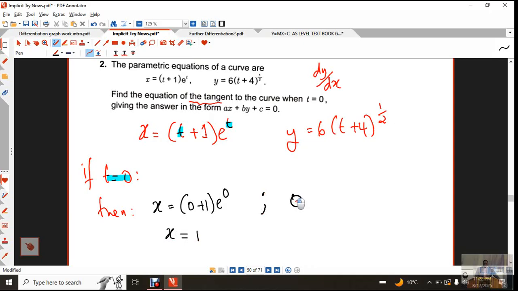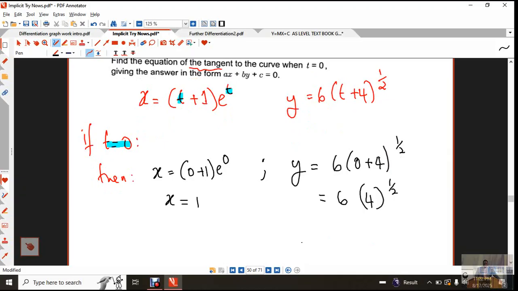Similarly, y will be 6, in brackets we have 0 plus 4, raised to the power of a half. Now, anything raised to the power of a half is the same as taking the square root of that, so the square root of 4 is 2, and 6 times 2 is 12.